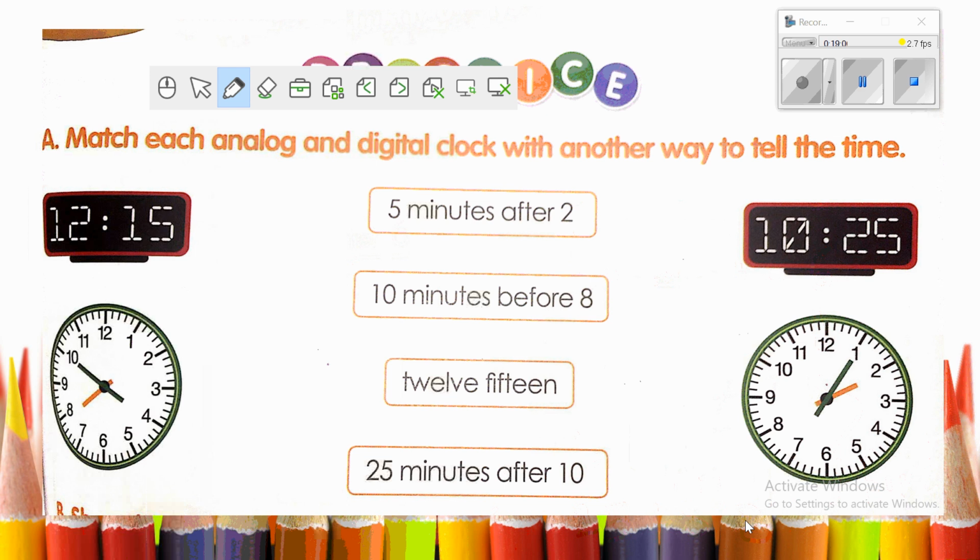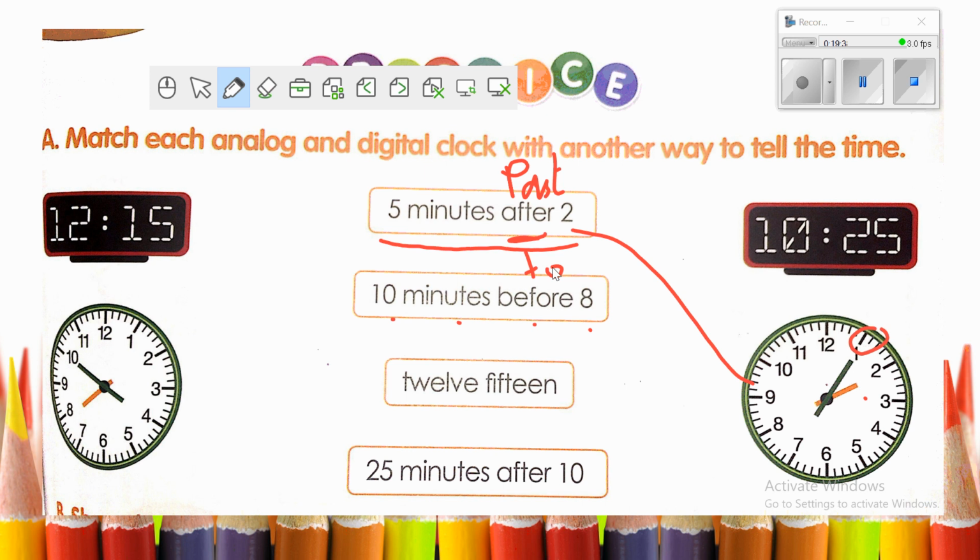Here is matching. So we have to read. Let's see. 5 minutes after. So "after" is the same as "past". 5 past 2. So 5 past. Which one is 5 past? Number 1. Yes, 5 past. Is this 2? Yes. Now, 10 minutes before 8. "Before" means "to".